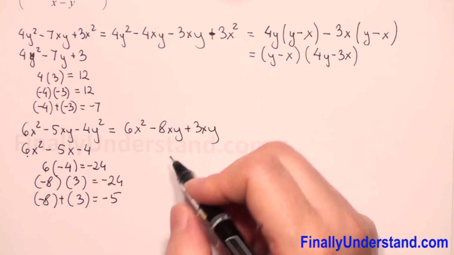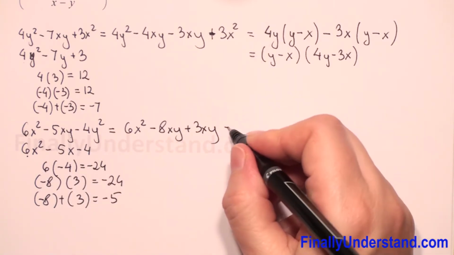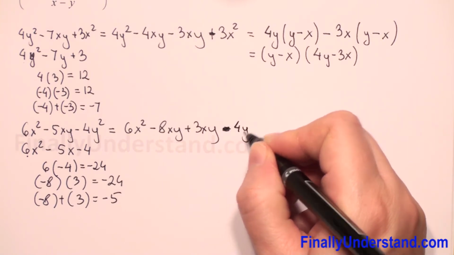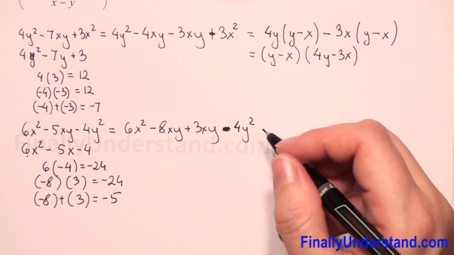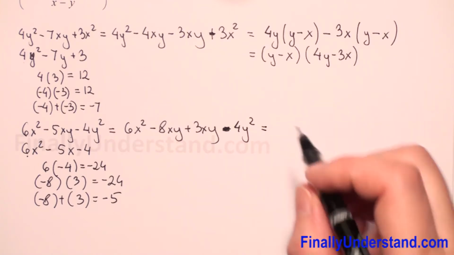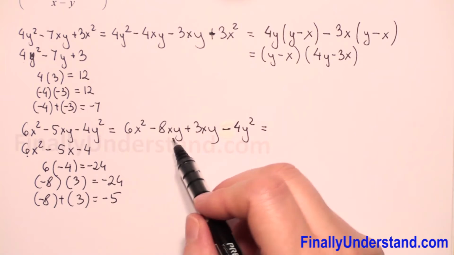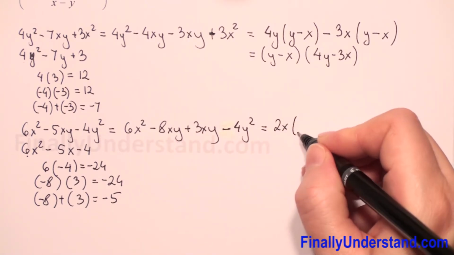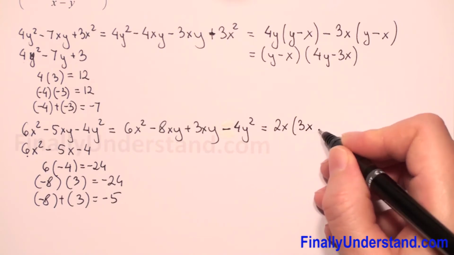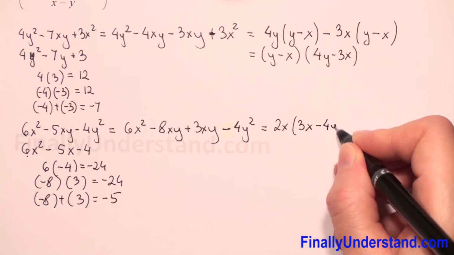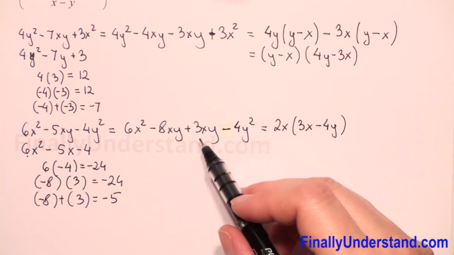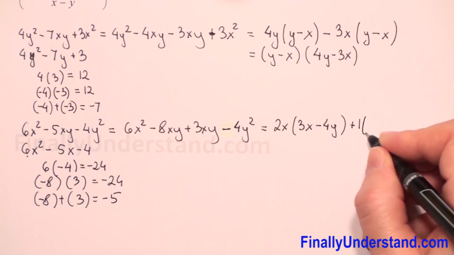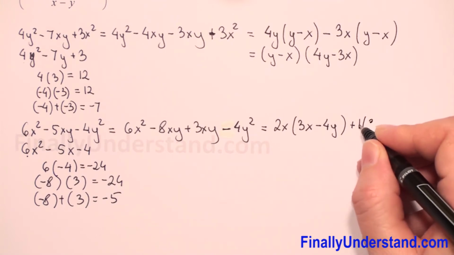You see it's still negative 5xy. I didn't change anything. And of course minus 4y squared. So this is equal to, we will factorize 2x from the first two expressions, so it will be 3x minus 4y, and from the last two terms I will factorize y, of course.